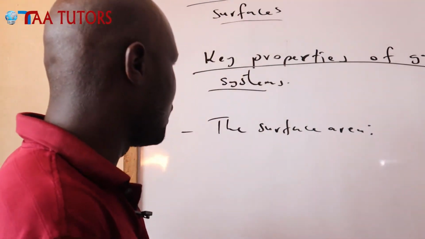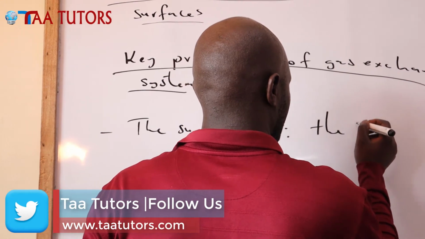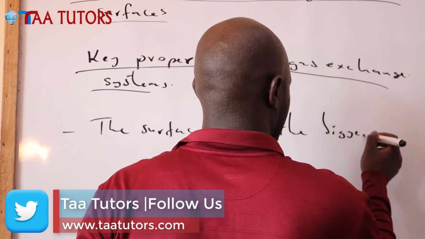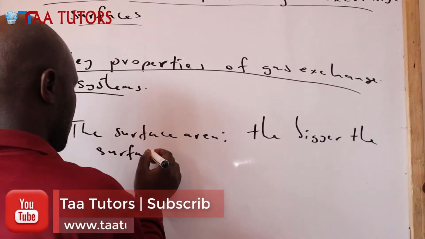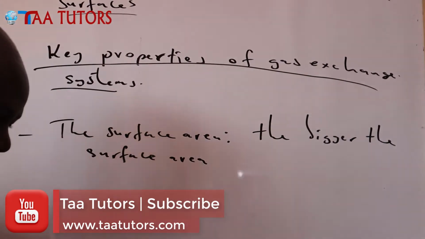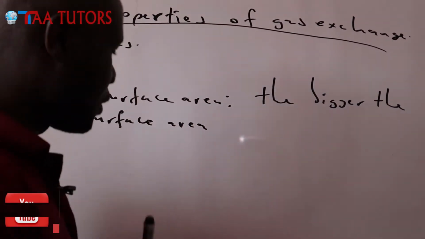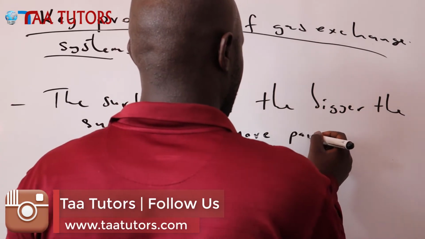So we say that the bigger the surface area, the moment that the surface area is actually big enough, that means more particles will diffuse across.